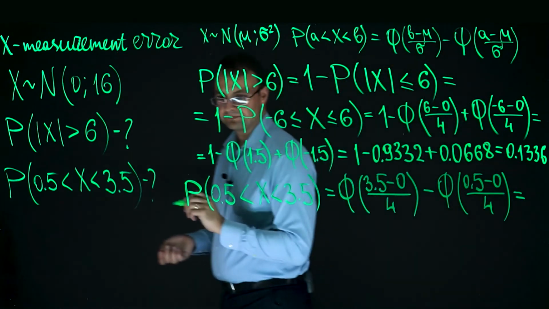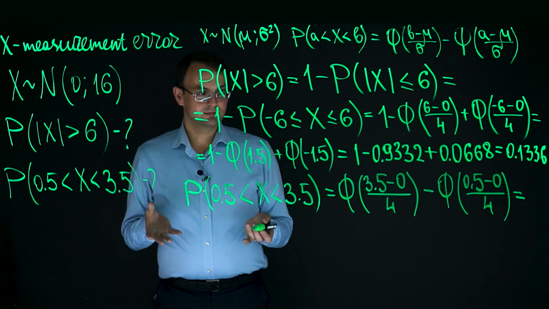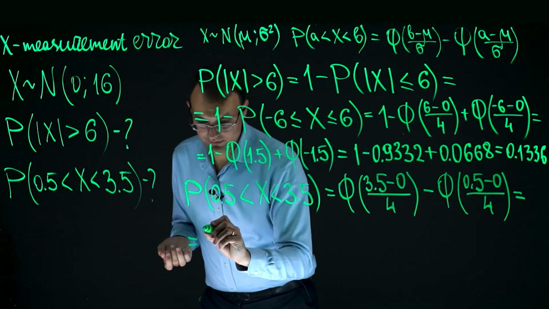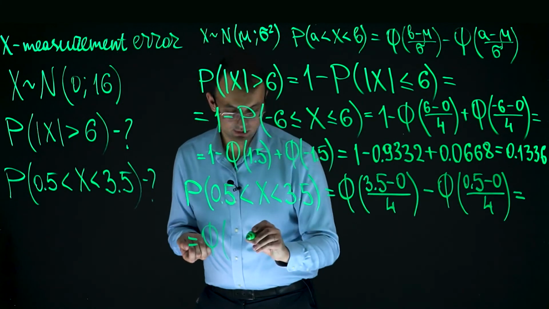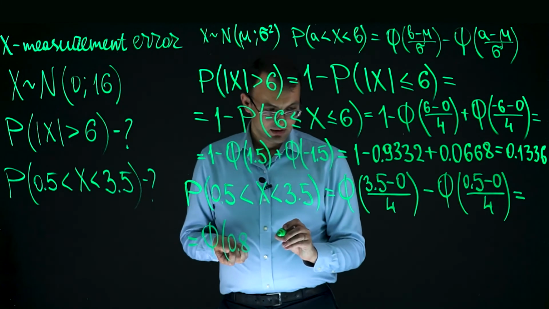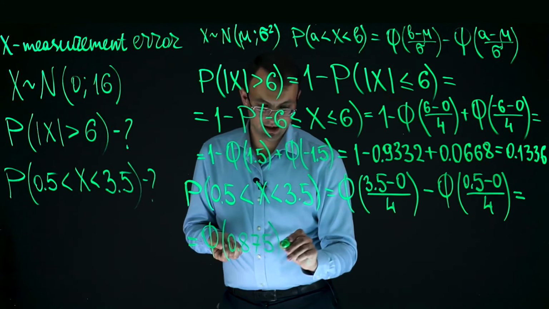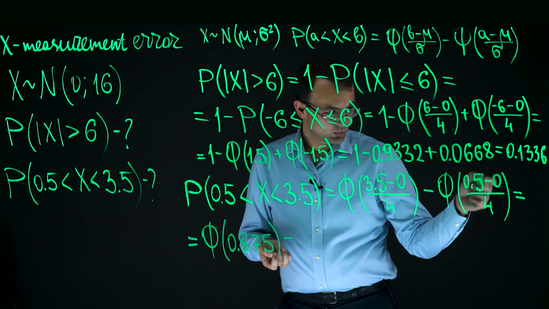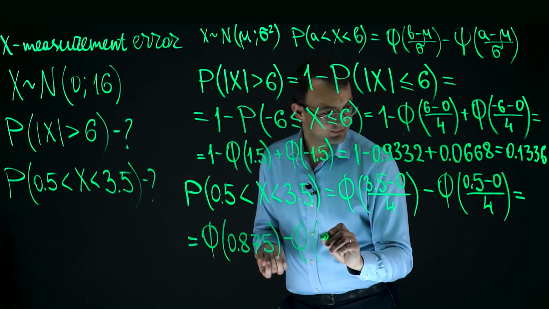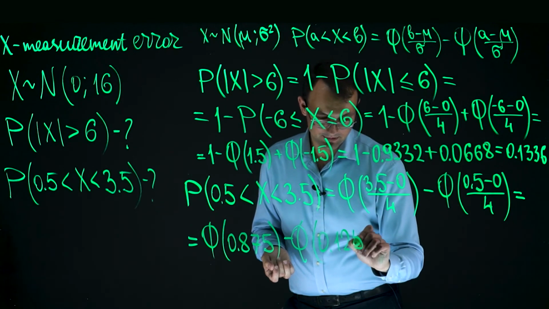So, if we divide 3.5 by 4, this is phi of 0.875, and this is 1 over 8, so this is phi of 0.125.